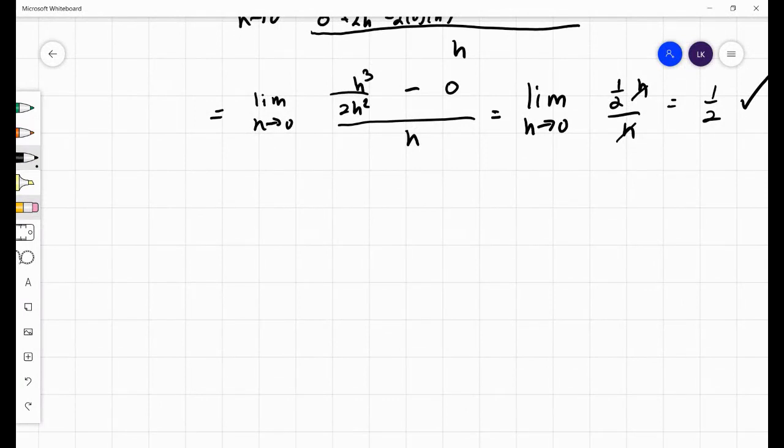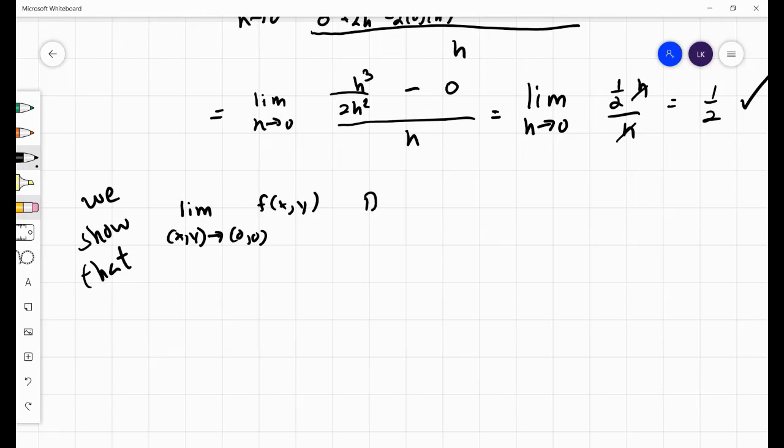So let's show that this limit does not exist, which will imply that the function is not differentiable at the origin.